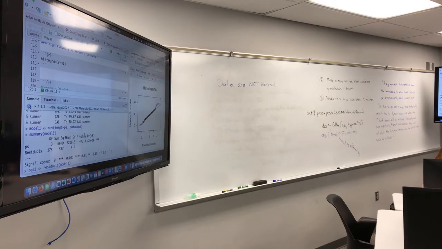See, your ANOVA table and my ANOVA table are different. So let's see what's going on. Run the head so I can look at what your data frame looks like.